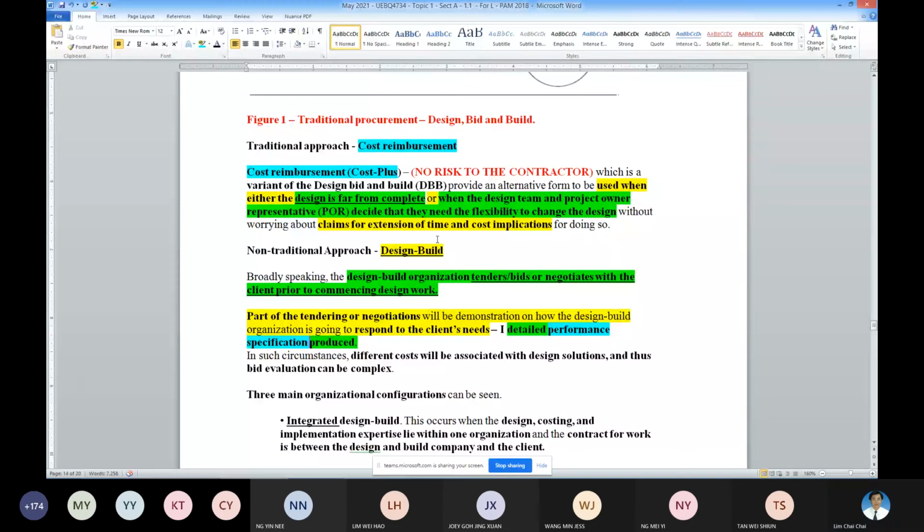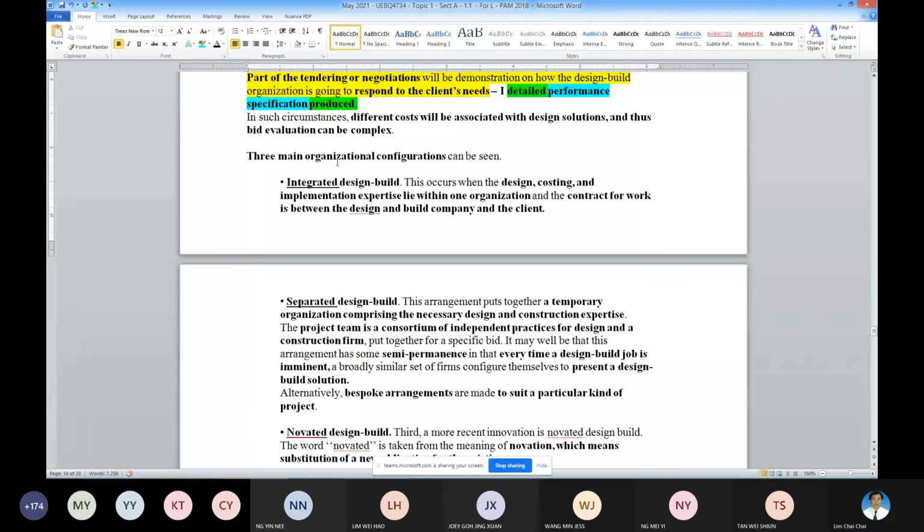Okay, so under the design and build, there are three variations, three types. One you call the integrated design and build. Second one is separate design and build. And the third category is a novated design and build. So integrated design and build, what does it mean?